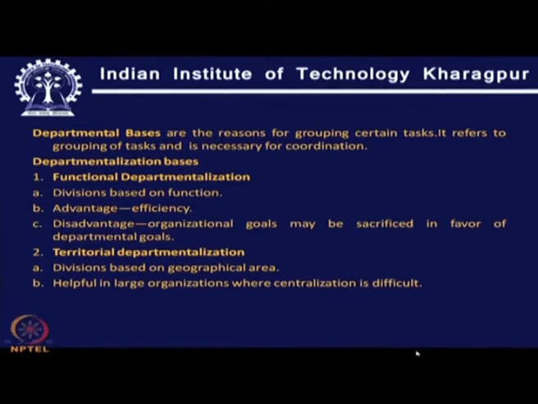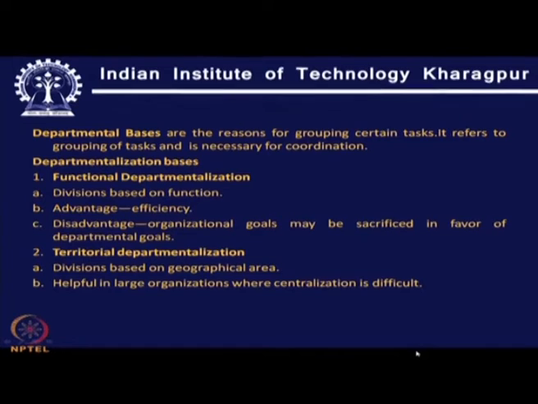So, departmental bases are the reasons for grouping certain tasks. It refers to grouping tasks and it is necessary for coordination. Functional departmentation are divisions based on functions. The advantage is efficiency. The disadvantage is organizational goals may be sacrificed in favor of departmental goals.